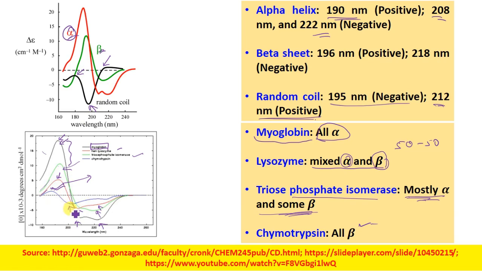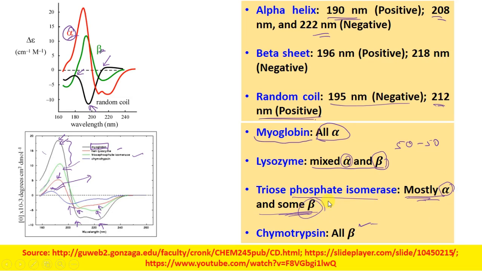Okay. So in this way, you can tell whether a protein structure has an alpha helix structure, or a mix of alpha helix and beta sheet structure, or what type of mixture, whether the alpha component is higher in that mixture or the beta component is higher.